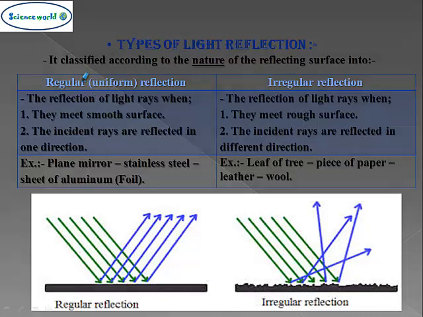So again, regular reflection needs a smooth surface, but irregular reflection needs a rough surface. In regular reflection the incident rays are reflected in one direction, but in irregular reflection, in different directions.